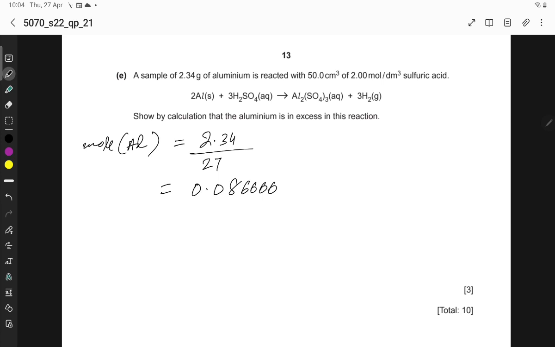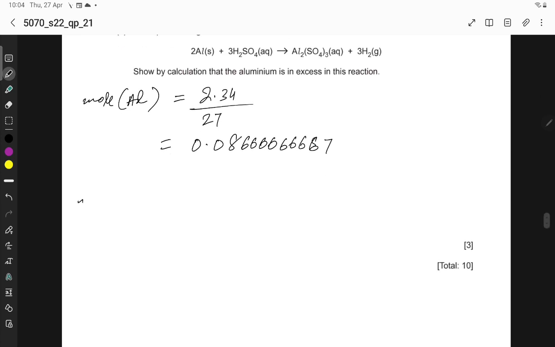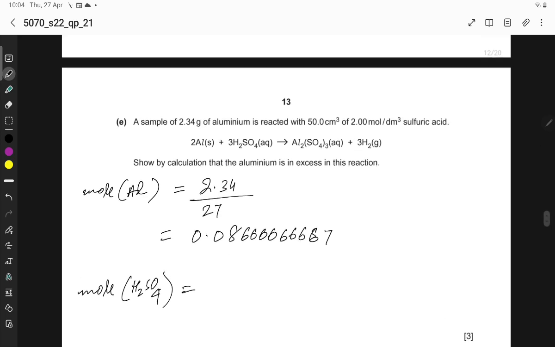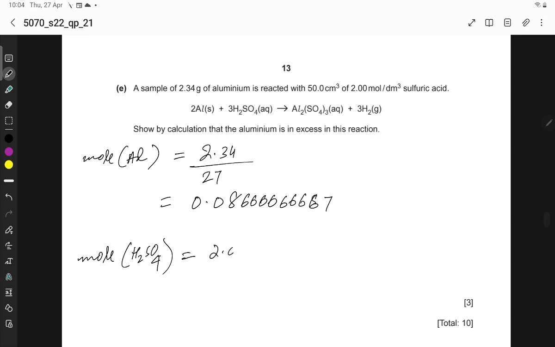While moles of H2SO4 is equal to concentration 2 mole per dm cube times 50 divided by 1000, which is 0.1.